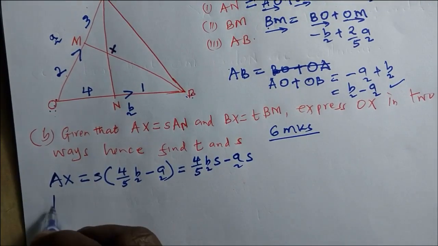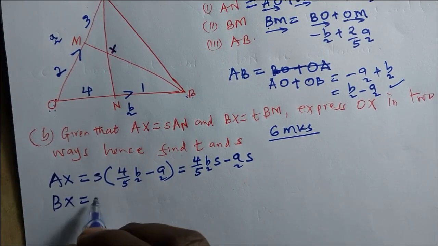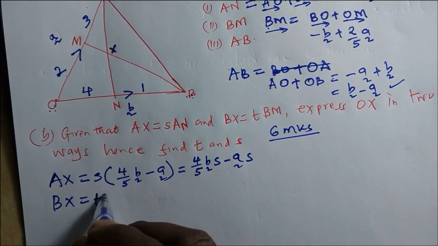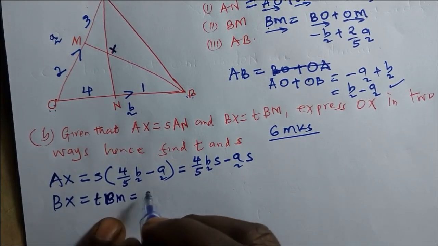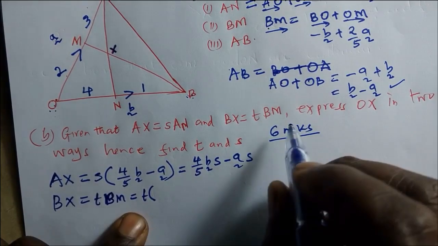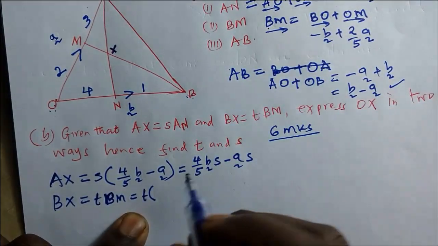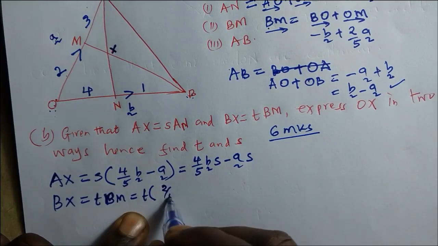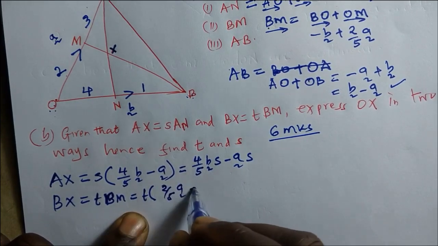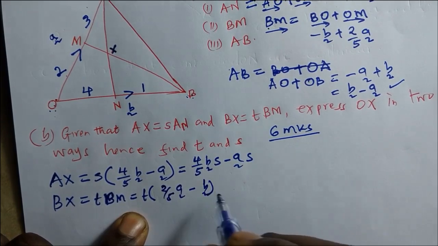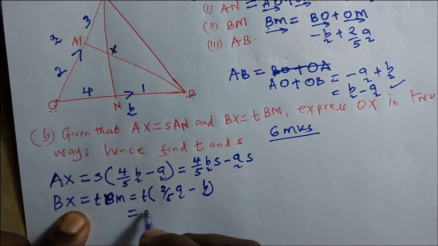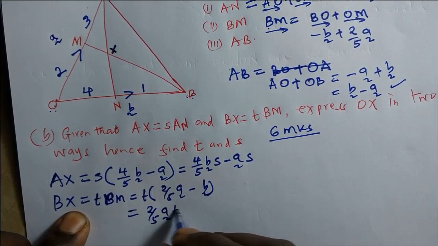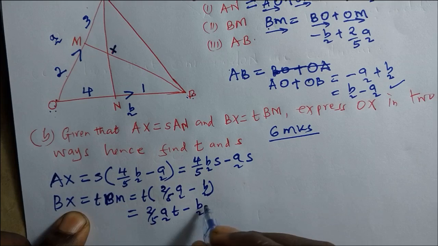We can also express BX because we need it. This is T BM, which is the same as T into BM. Our BM is 2 over 5A minus B. So BX is equal to 2 over 5 vector AT minus BT.